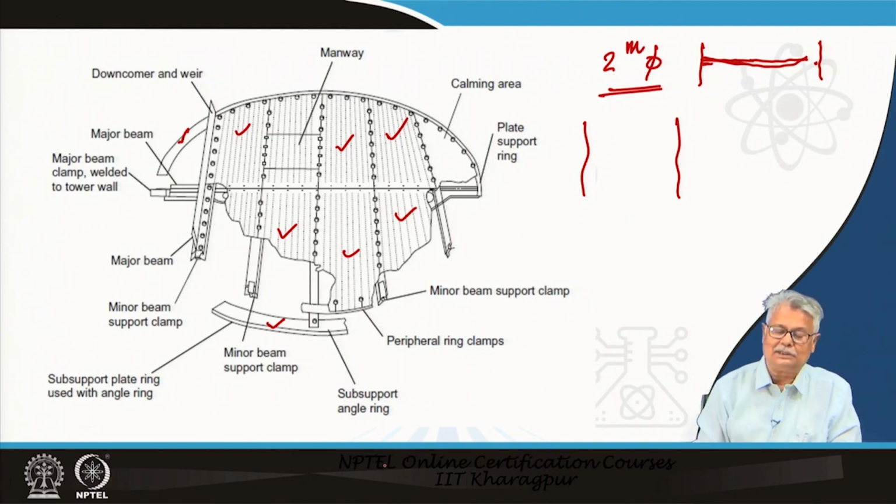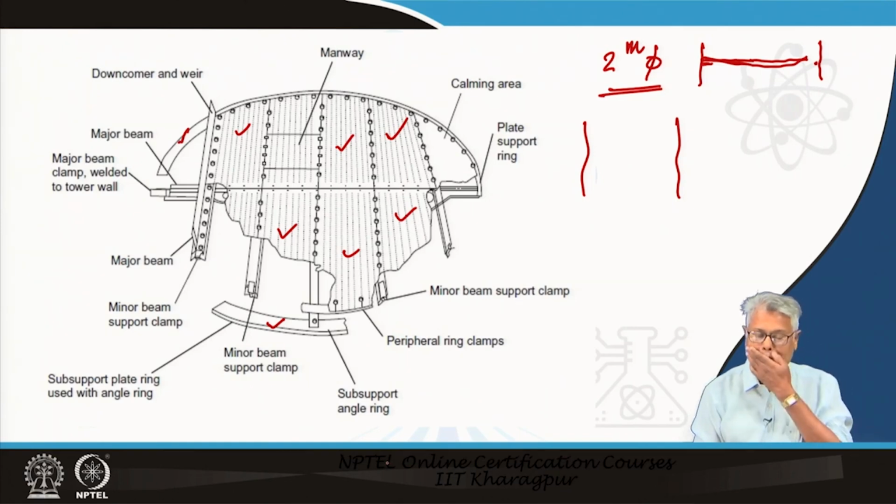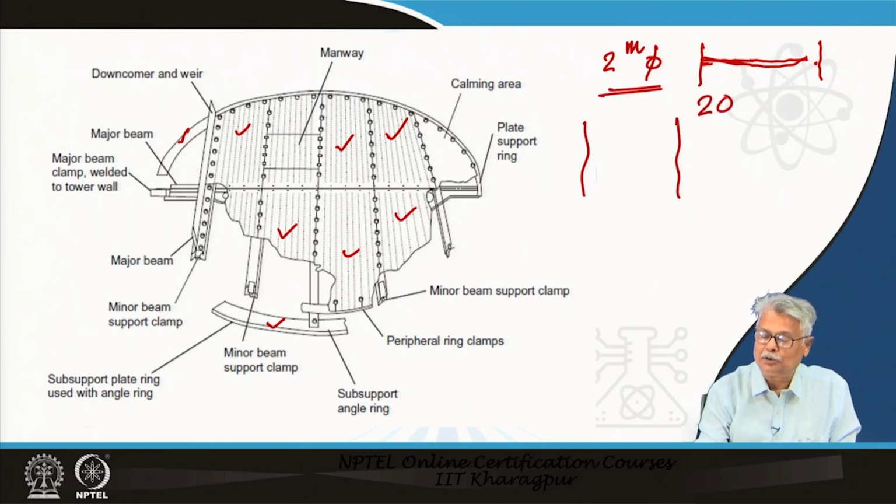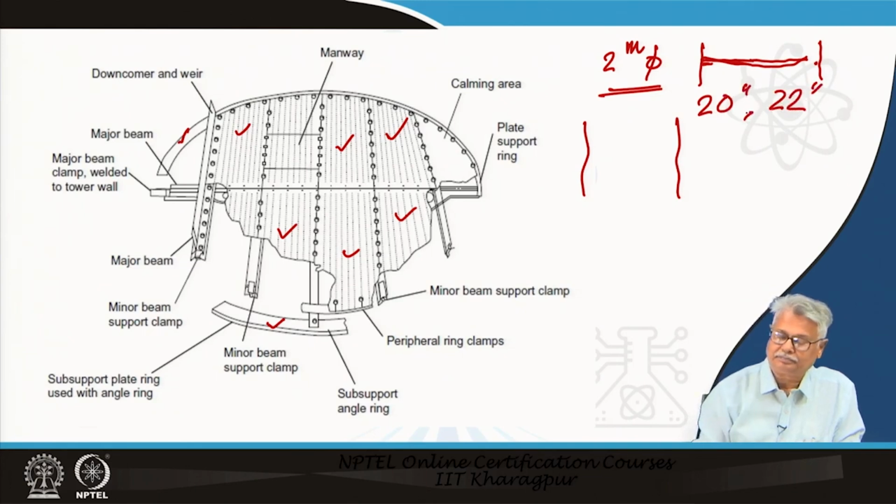Now, the question comes, how will you place it inside? Your tower shell has been erected. So, quite naturally it has to go through the manholes. Typical manhole size will be 20 inches or 24 inches or usually 22 inches.